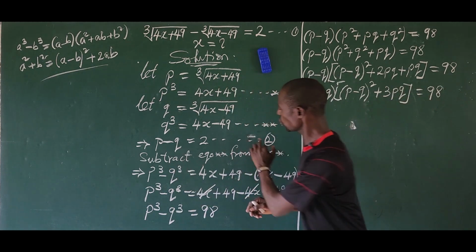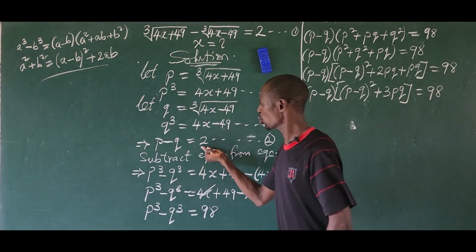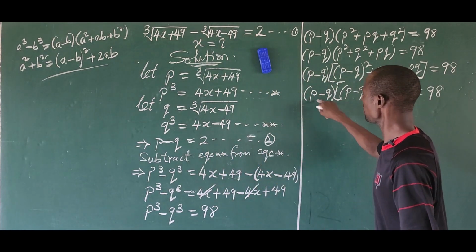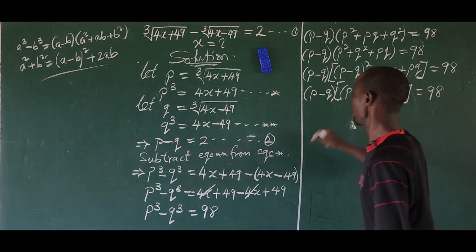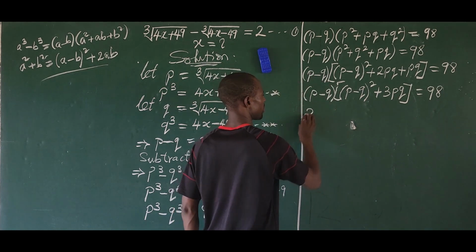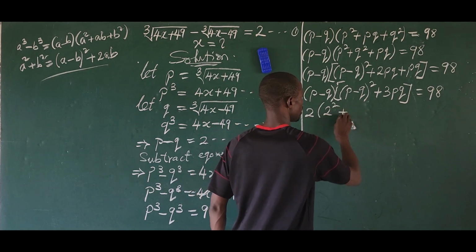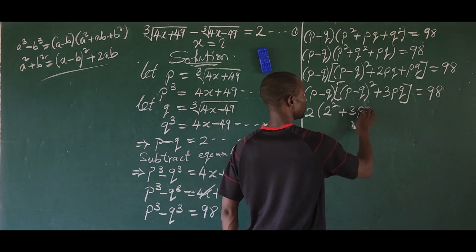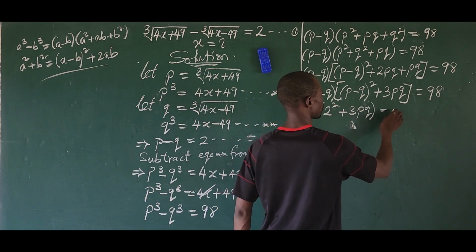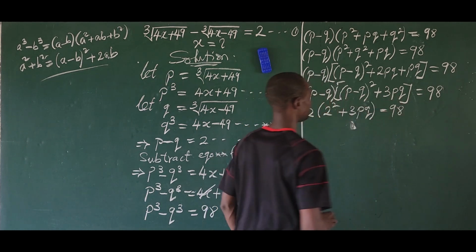From equation 2, we can put in 2 in place of P − Q here and here. That gives us 2(2² + 3PQ) = 98.